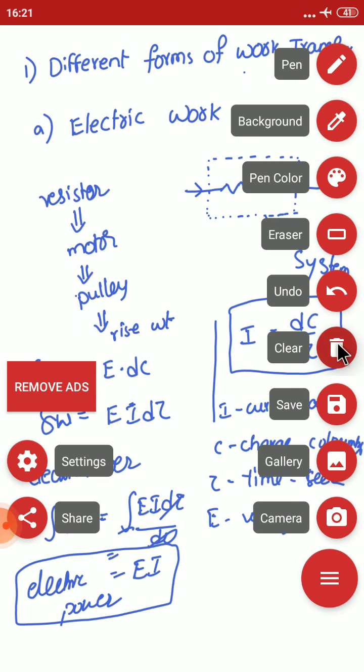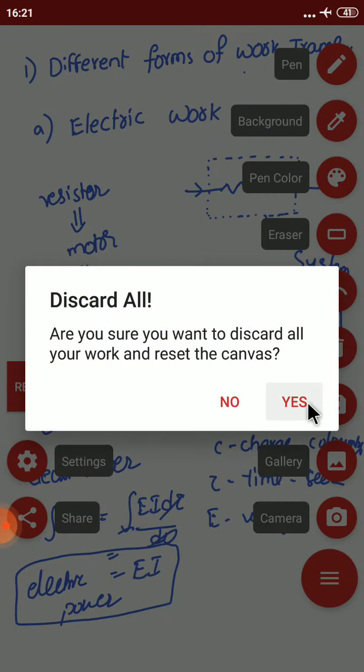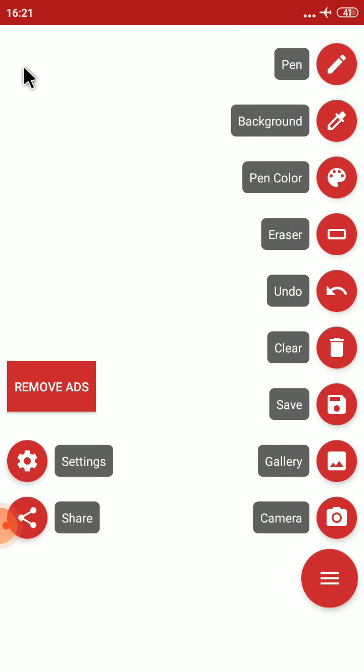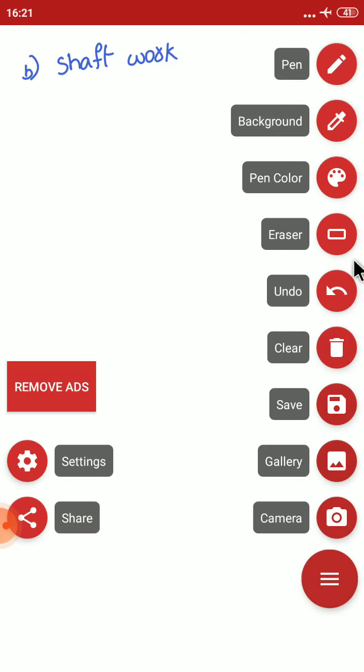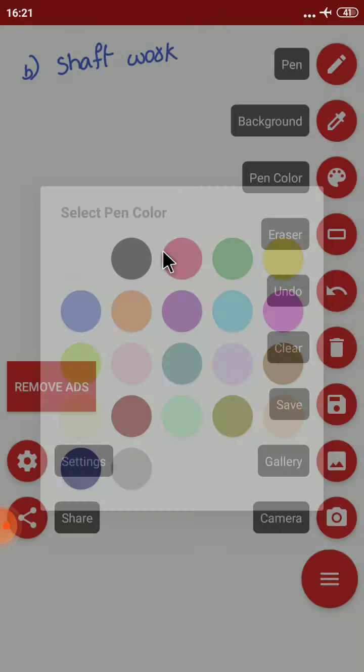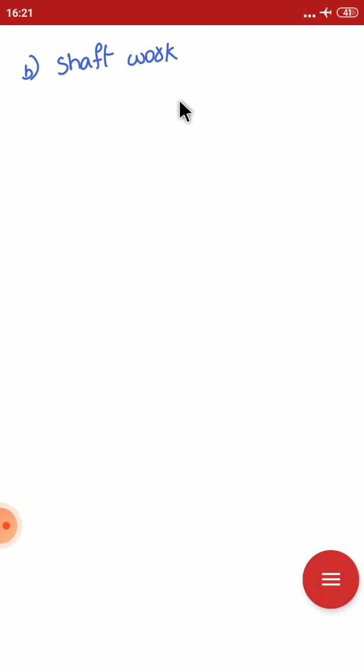Shaft work. First we draw a simple diagram. Take a shaft; the shaft is connected with a motor.